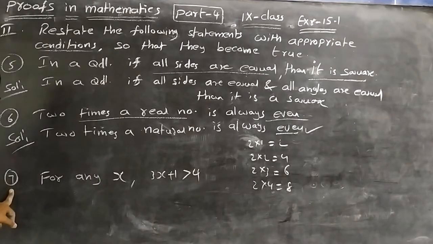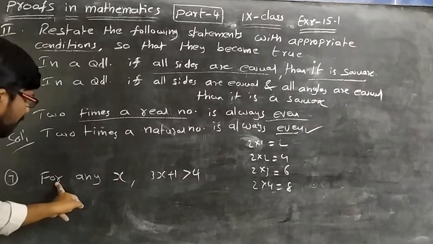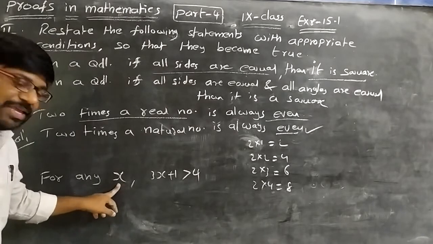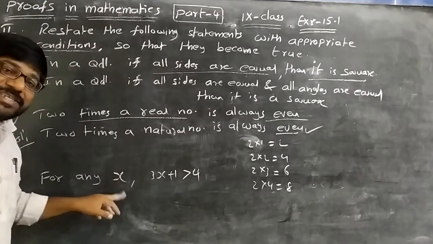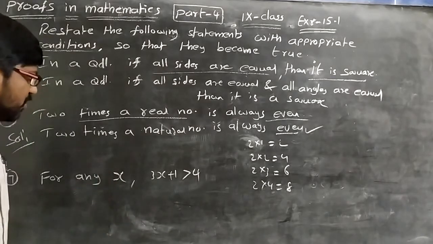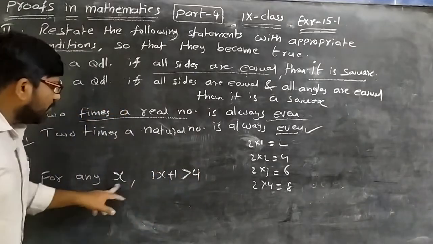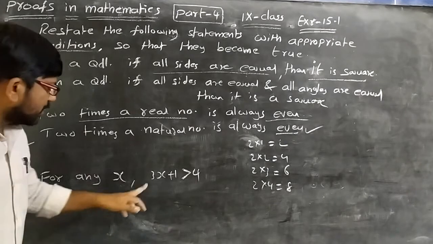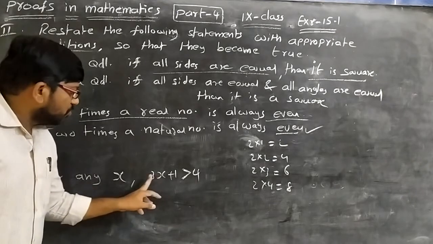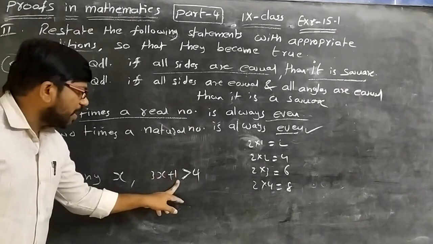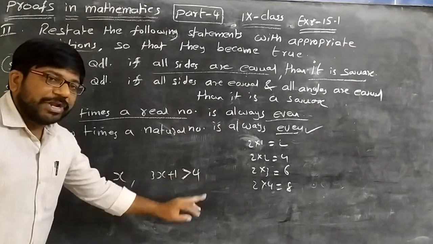And the next, 7th problem. For any x, here x is any number, so no condition. 3x plus 1 greater than 4. For what value of x is it true? Suppose x is 0, 3 times 0 is 0, plus 1 is 1. 1 is greater than 4, it is false.